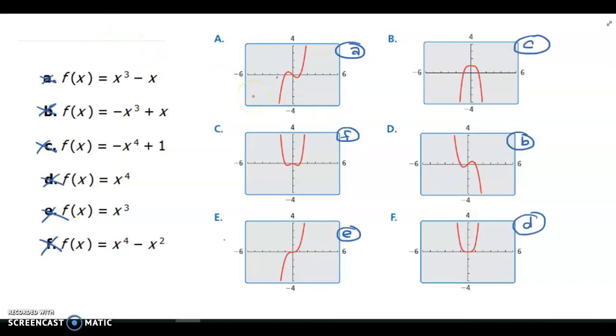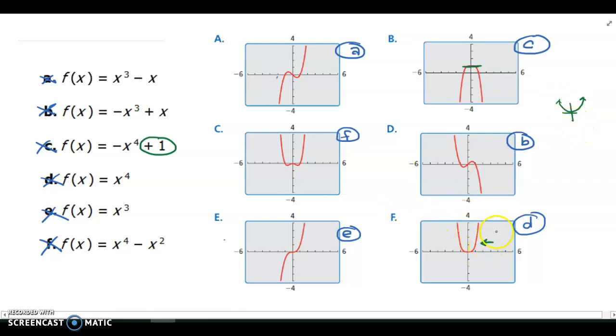All right, what you should have gotten is this right here. So really, C should have been an easy one because you know that the y-intercept is at 1, so that should have given it away. You should have known that y to the 4th looks like y squared, except it's a little bit wider at the bottom.